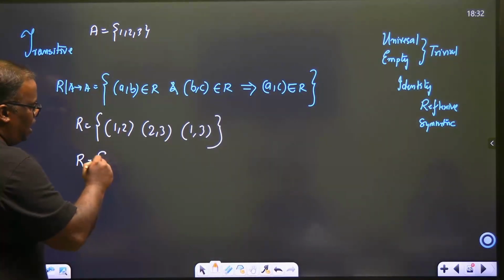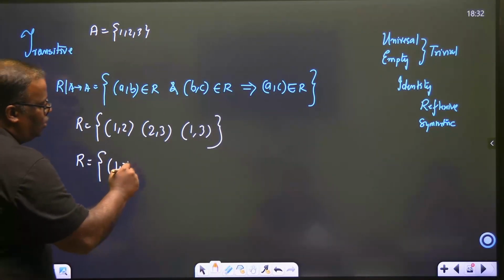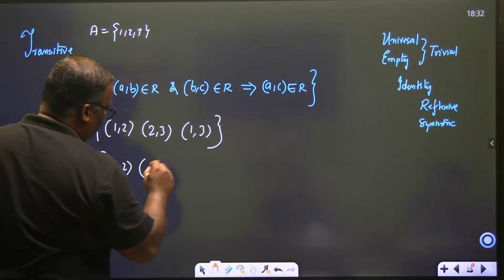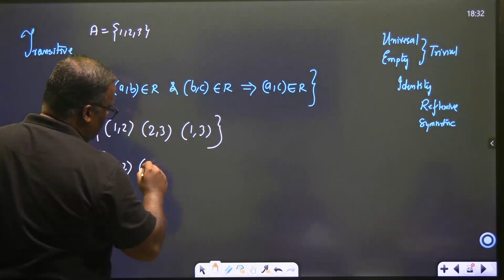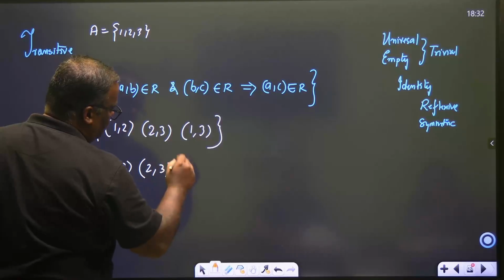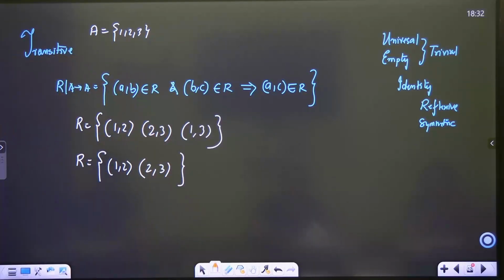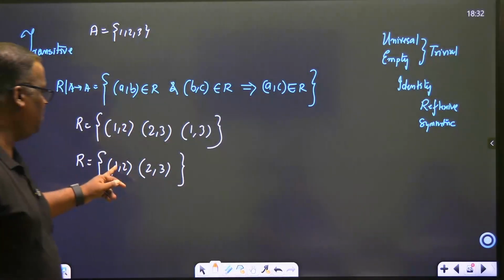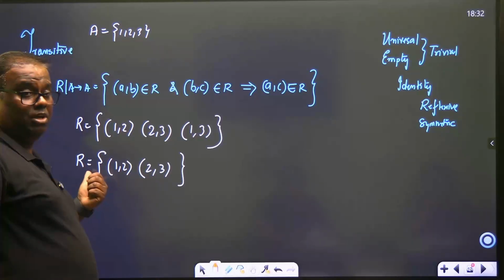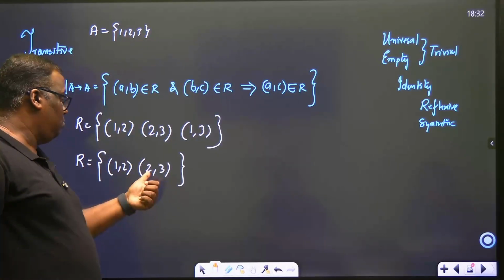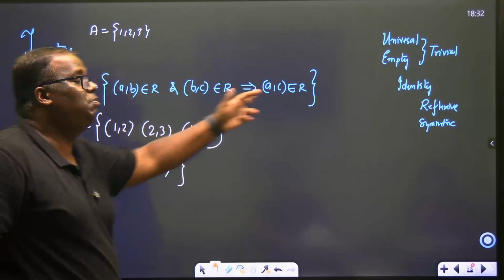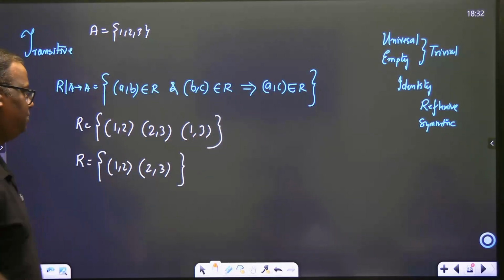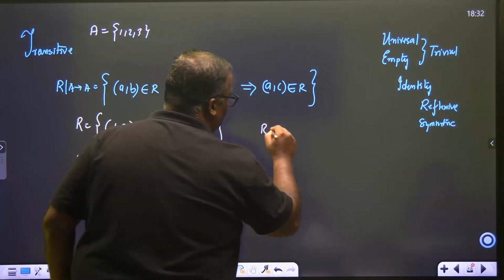I have a relation R in which I have (1, 2) and, say, (2, 3). Is it transitive? If (a, b) belongs to R, I'm saying it belongs to my relation, and (b, c) also belongs to R, there should be an (a, c) which should belong, which is missing. Now I have another relation.